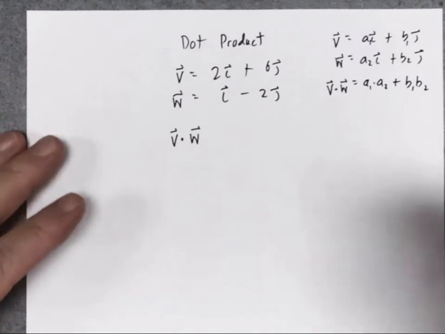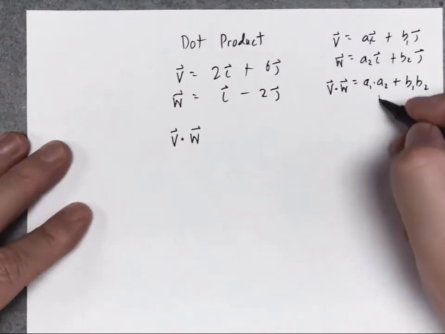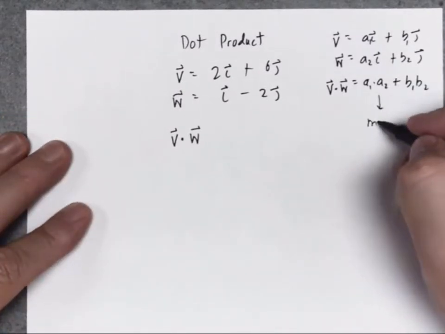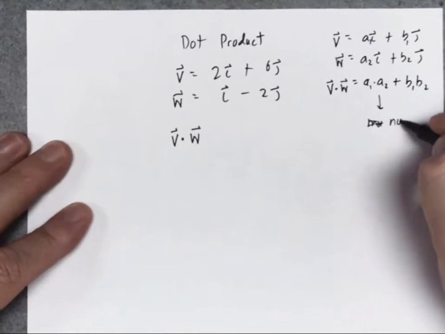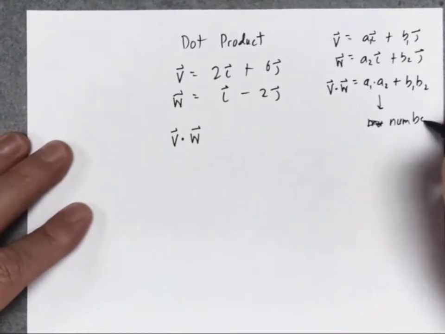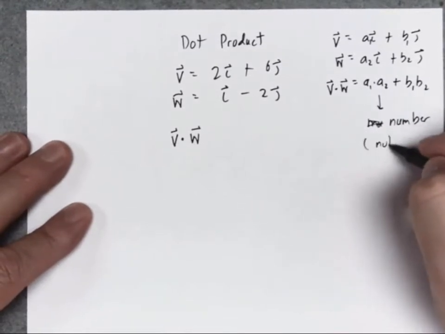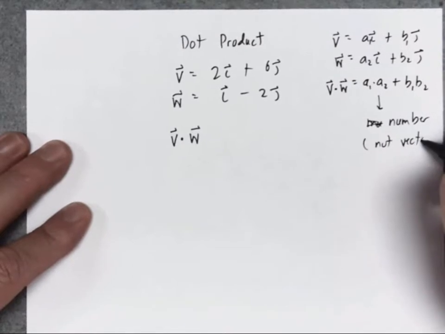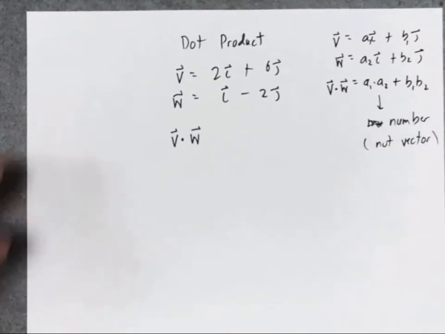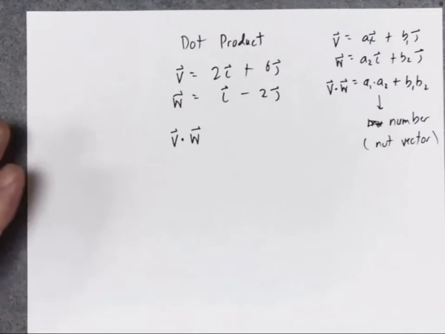Now what's interesting is that when you take the dot product, in some strange way, it ends up being a number, it's not a vector. So when you take the dot product of two vectors, somehow the vector part goes away and you're just left with a number.